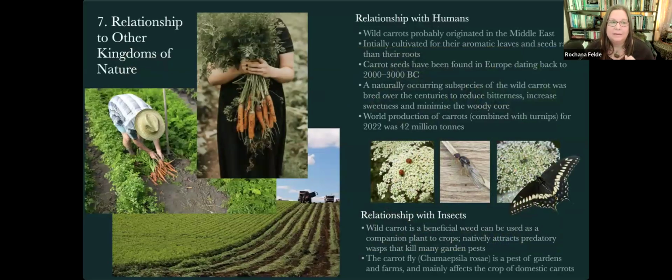In window number 7, we look at what relationship this plant has to other kingdoms of nature. And obviously, the relationship with humans cannot be overlooked because we've been cultivating them. We started with the wild carrot and then cultivated that subspecies that has become such a huge part of our food system.